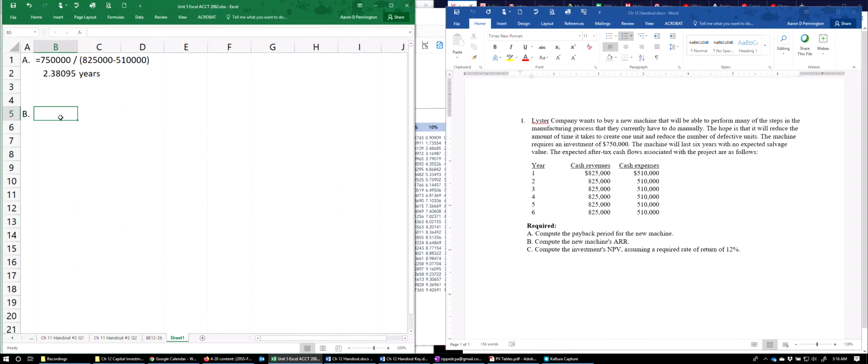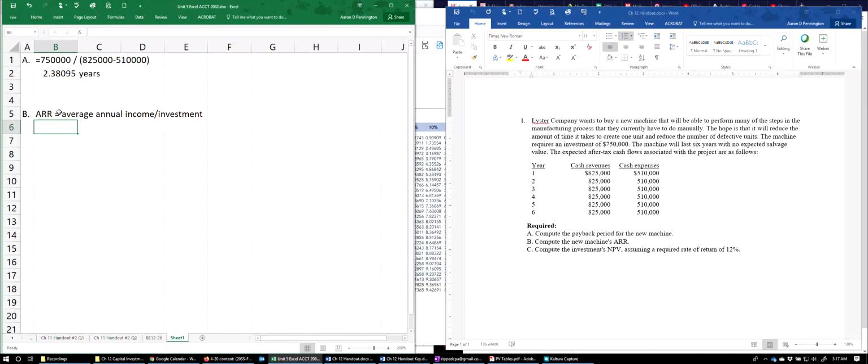Part B is ARR, accounting rate of return. Okay, so our accounting rate of return is equal to average annual income divided by the investment.